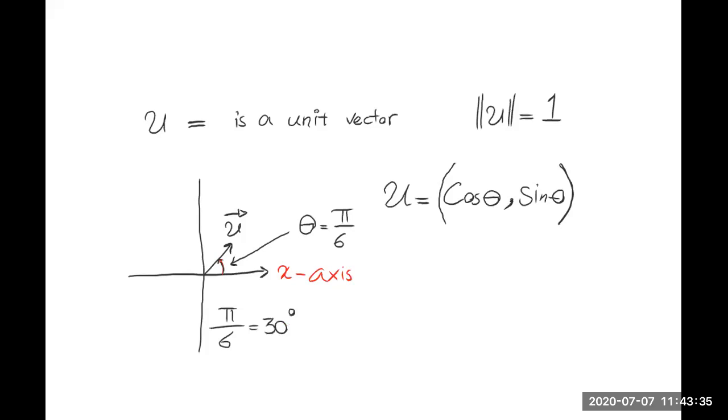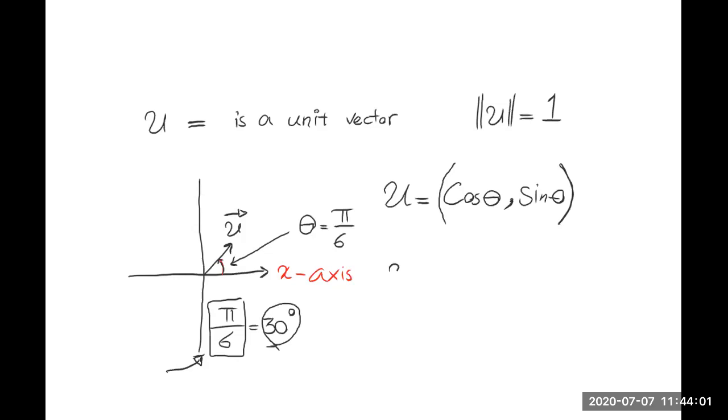We prefer to say pi over 6 for many reasons. Using radians, using pi over 6 is a lot better and more efficient than using degrees. So if you got used to using degrees, it's better to try to use radians. It's better to say pi over 6 rather than 30 degrees.